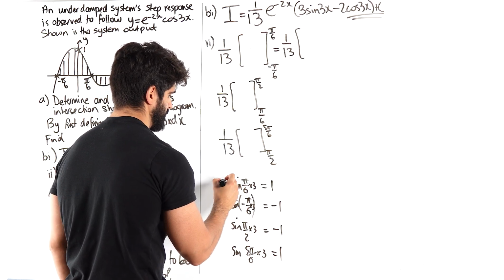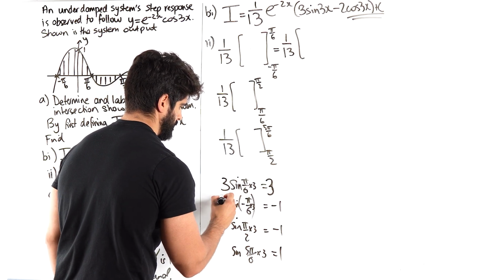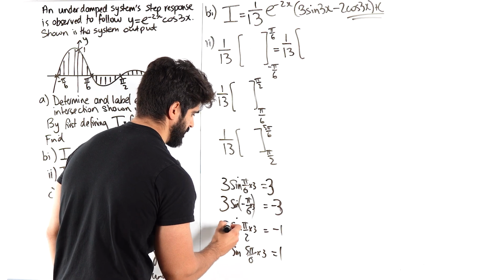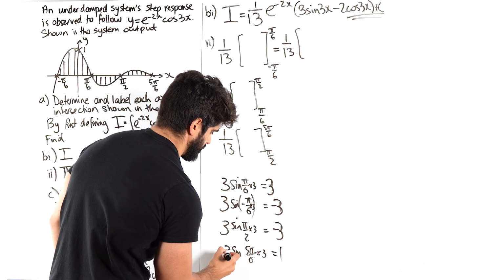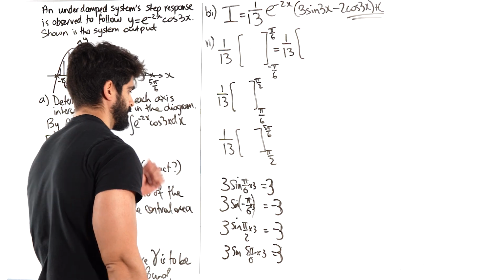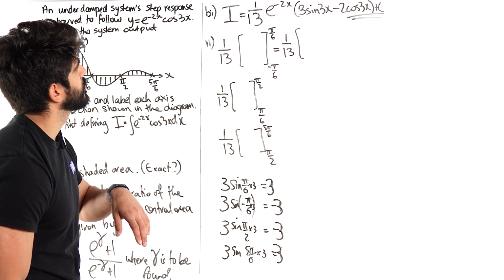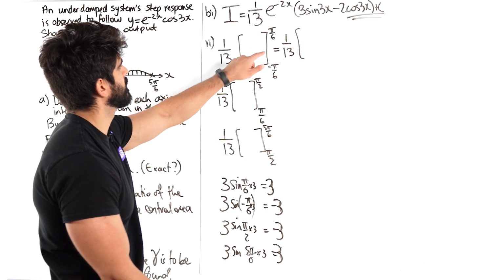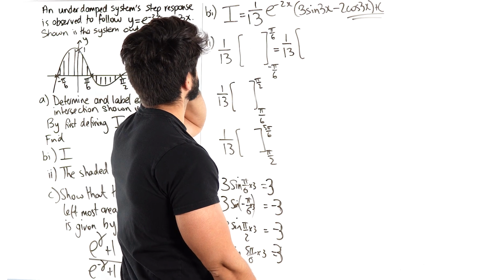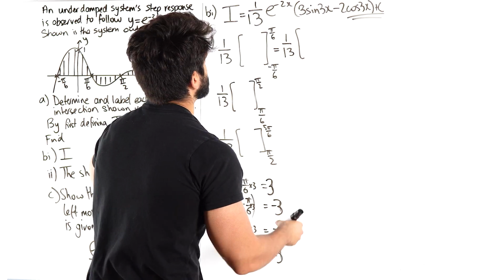Should we just put a 3 there? Because we're going to be subbing it 3 lots of. So we get pi over 6 into here, we get 2 pi over 6, which is pi over 3, right?